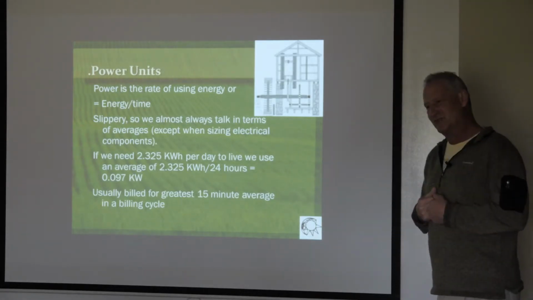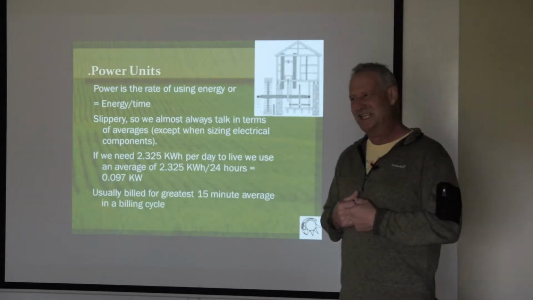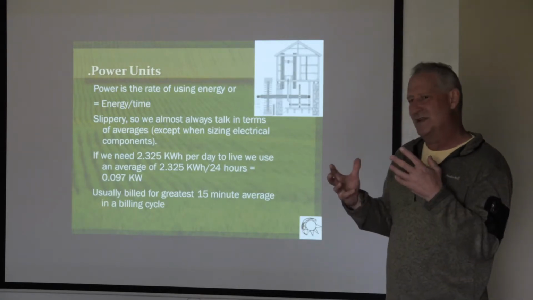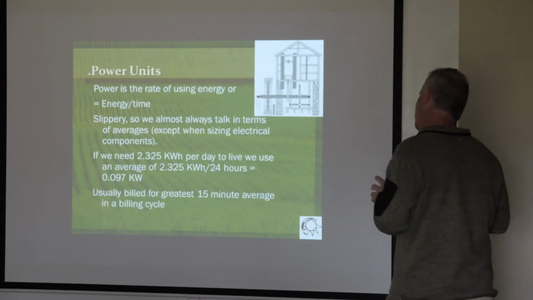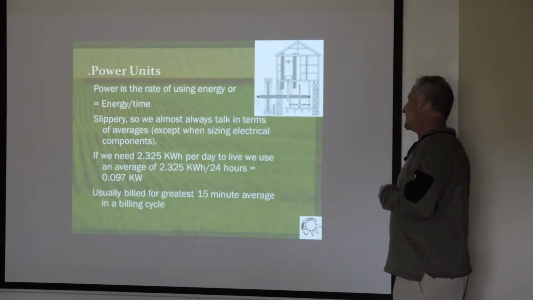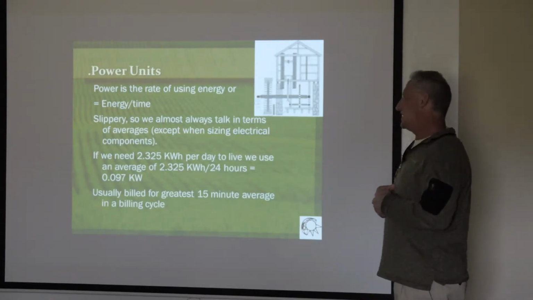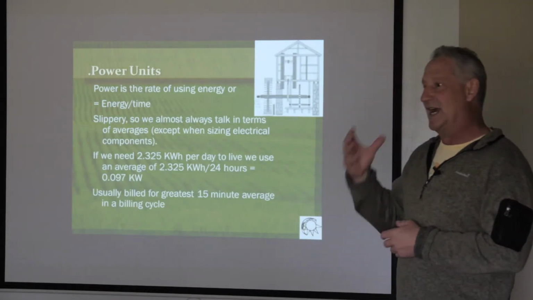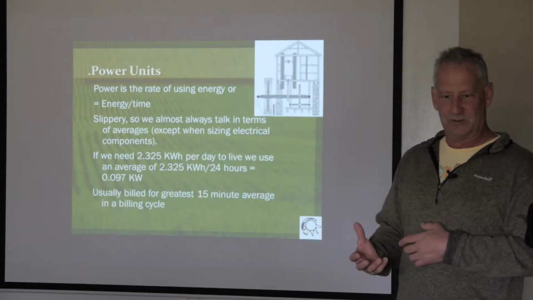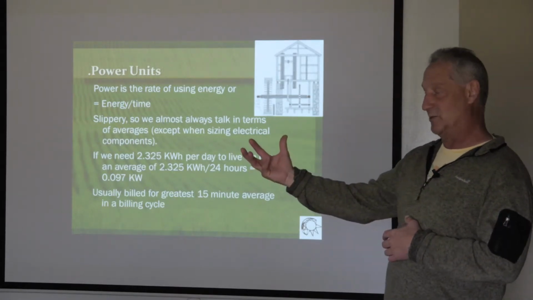And power is really slippery, because it's instantaneous. There's no time, so it might change all the time. So we almost always talk in terms of averages. The only time we don't talk in terms of average power is when we're sizing electrical components, like how big a breaker, a wire, or a transformer is supposed to be.